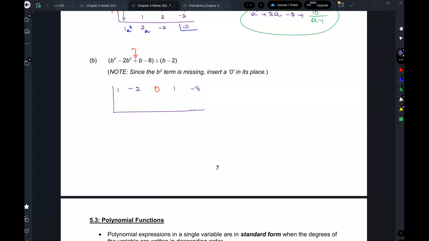So, what number goes out there? Positive 2. But don't you bring down the 1? Right, but I mean, like here. Here we're going to put a 2. Okay, yes, the 1 comes down. Multiply, what do I get? 2. Add, I get 0. Ooh, 2 times 0, 0.